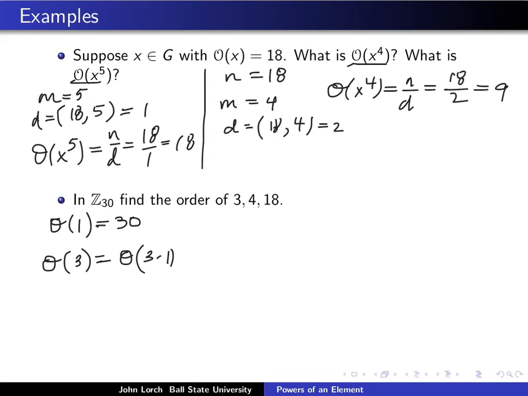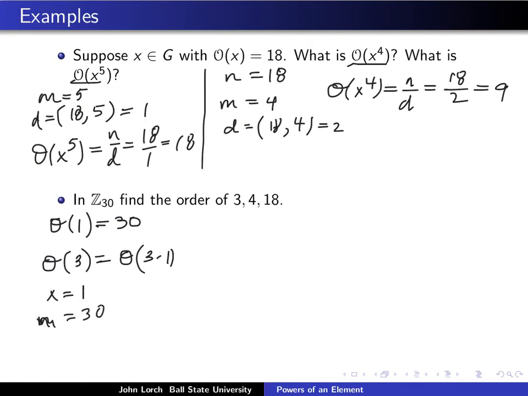So in this instance, our value of x, from the previous theorem, is 1. The order of x, that is n, is equal to 30.